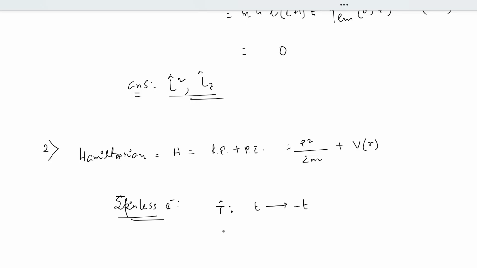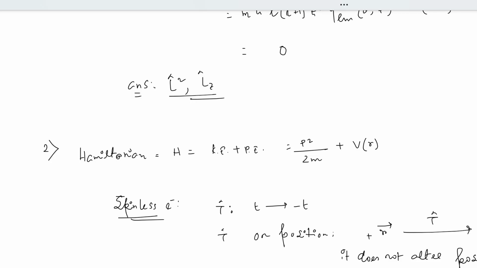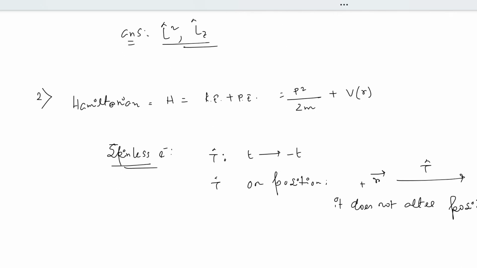Now if you operate this time reversal operator on your position, your r vector goes to r vector only, so it does not alter position.